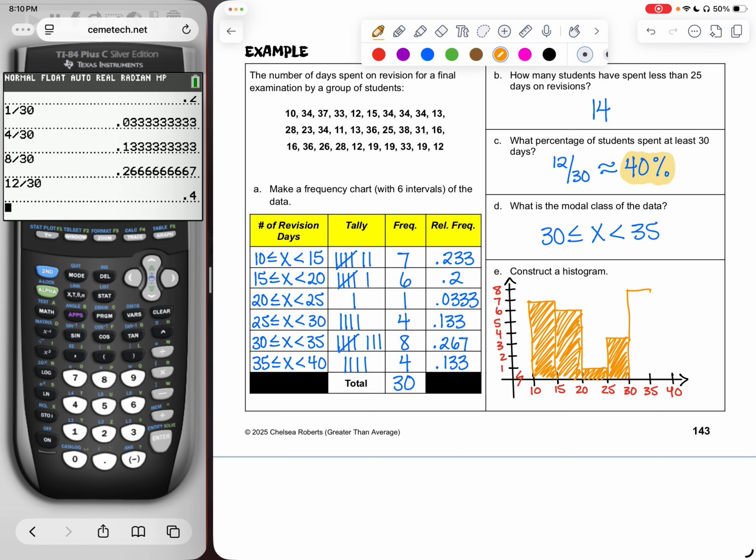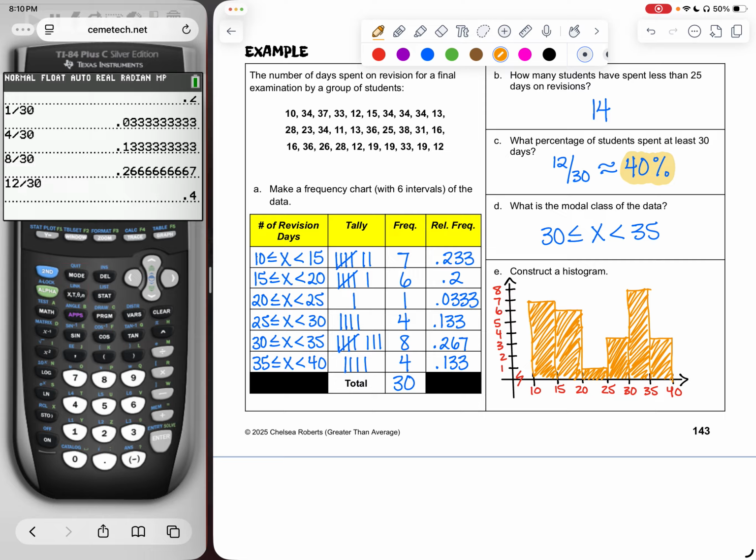If you have graph paper, it'll be a little bit easier for you. All right, so that's our bar here. And then we have 4 again, which would be here. So this is the way that I would draw my histogram.